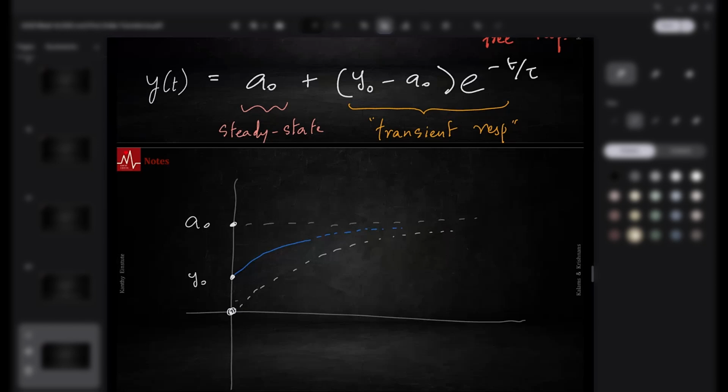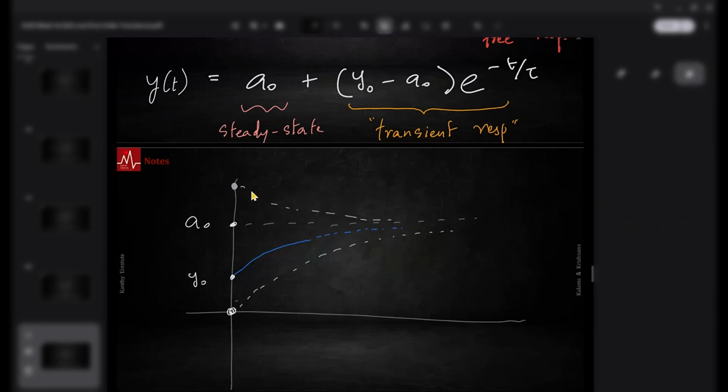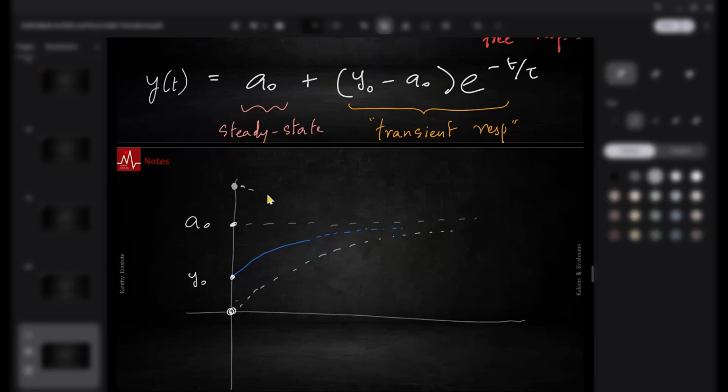It can also have an initial value that is higher than the equilibrium value. Then it will saturate to this. Equilibrium value could be negative. It will saturate to all negative values. Why not? This is this curve. This is a set of responses that we have. Okay.